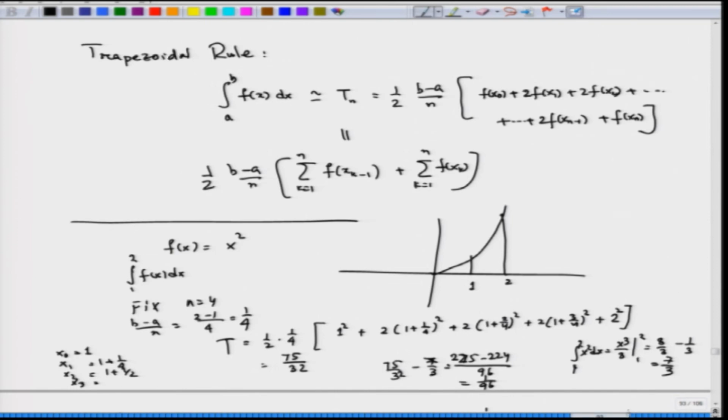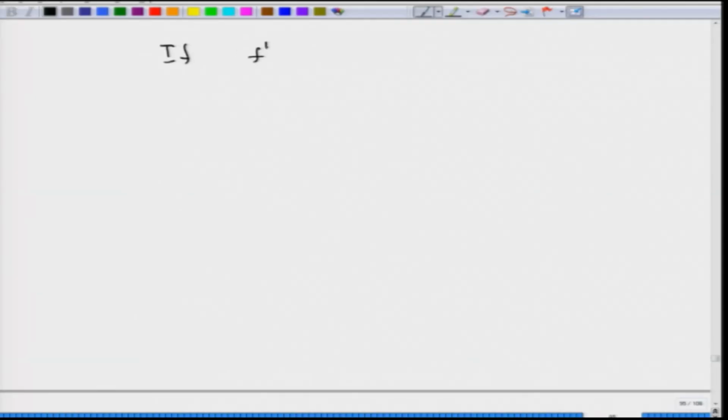So, let me just write down the error term for this trapezoidal rule, which I am not going to prove. So, if f double prime is continuous, then it is bounded, of course: mod of f double prime of x is less or equal to M for all x.